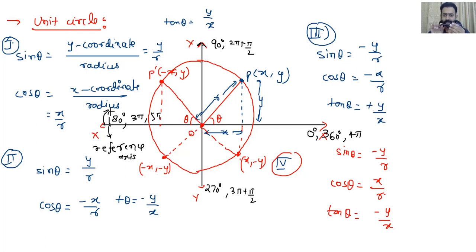So 180 minus theta and 180 plus theta in case of the second and third quadrant. Similarly, for the fourth quadrant, this is 2 pi minus theta, and to go again to the first quadrant after rotating through one full circle, it will be 2 pi plus theta.